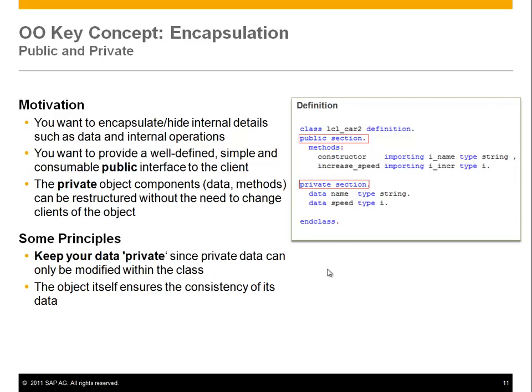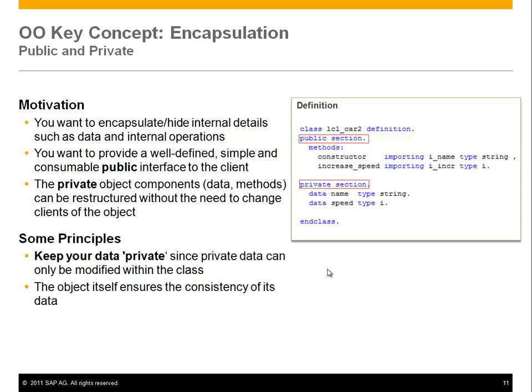And so if you call, from a public method, a private method and a whole bunch of private methods, you can change those private methods without having to fear that anybody uses them, and you may break some client code. Because it's private to the class, you can restructure the data and private elements without anybody on the outside getting hurt, so to speak. So as a design principle, which is also one of the main reasons why objects were invented, you want to keep your data private, since private data structures can be modified within the class.